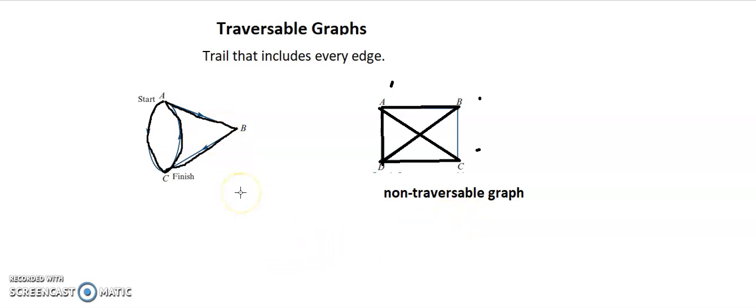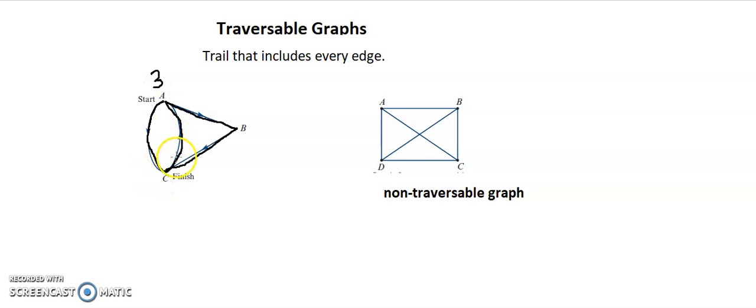So I can come up with some rules here. The first thing I want us to do is think about both of these. I'm looking at all my degrees here. A has got 1, 2, 3 degrees.